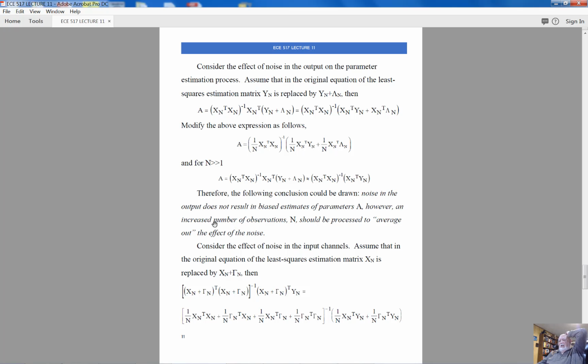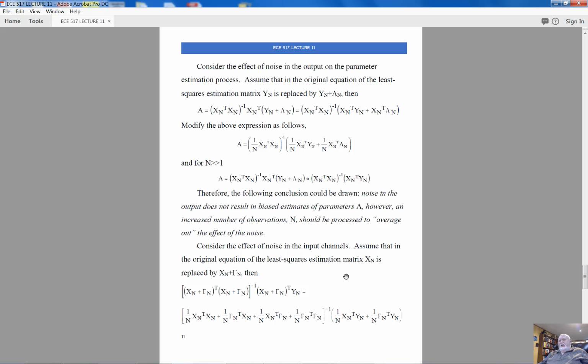Therefore, if we are concerned about the accuracy of our estimates, n should be increased, because the purpose of n is averaging the effect of noise. We have to increase the number of observations to average out noise in the system.